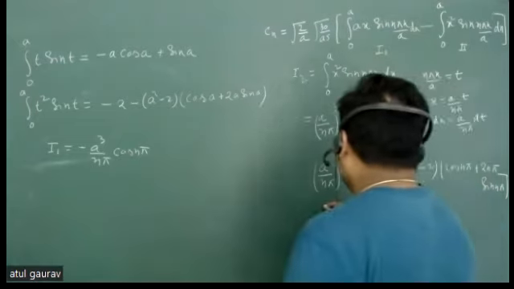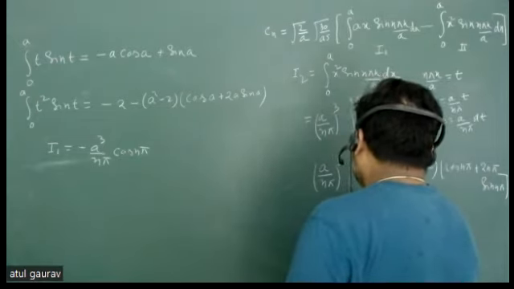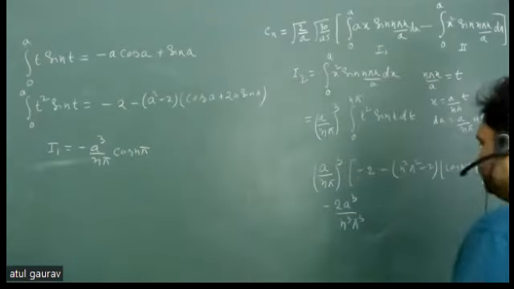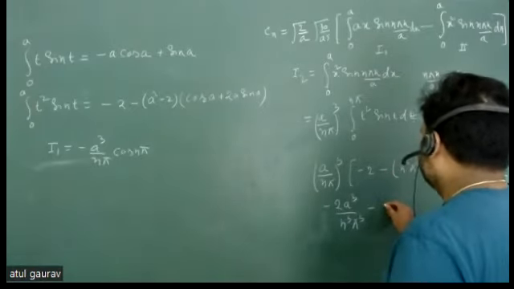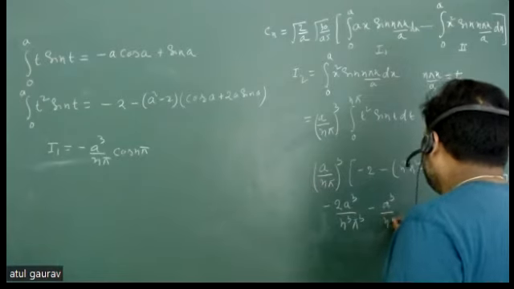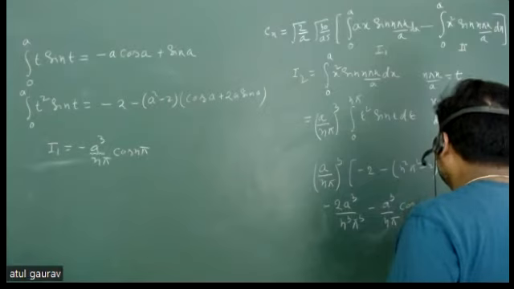So what we have? We have -2 a cube upon n cube pi cube. This is my first term. And the second term is equal to minus a cube n pi and cos n pi, isn't it?